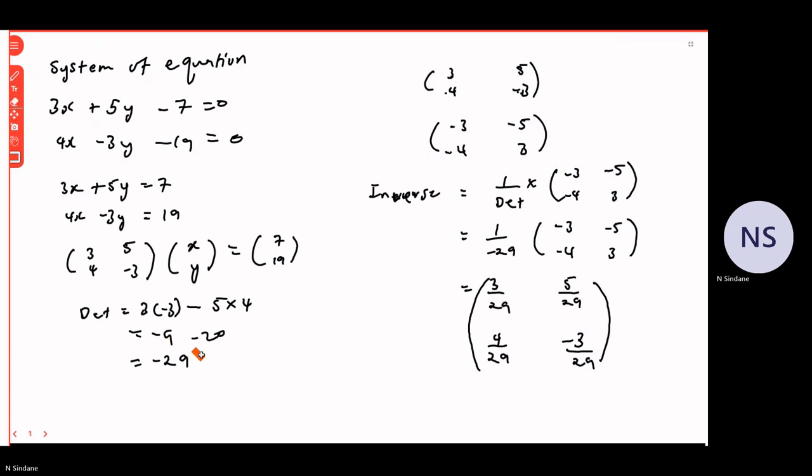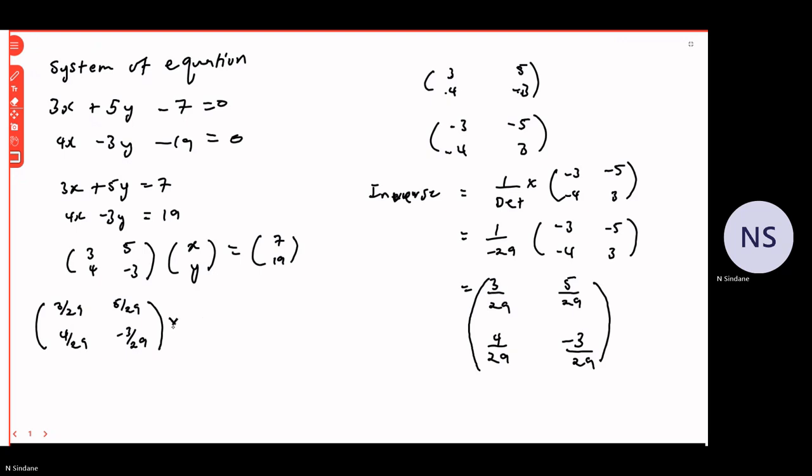After identifying my inverse, let me erase this determinant. What do I do next? I'll have my inverse: 3 over 29, 4 over 29, 5 over 29, negative 3 over 29.